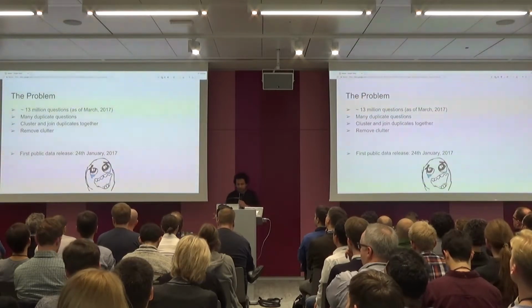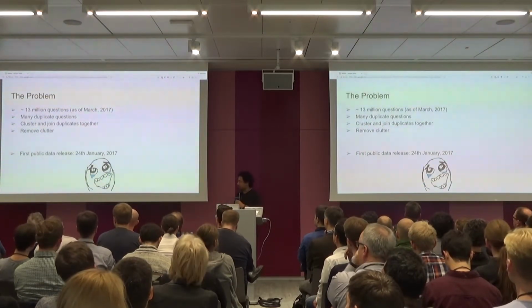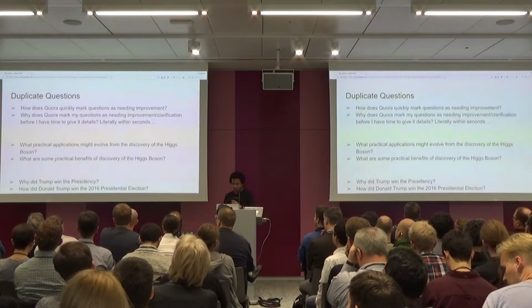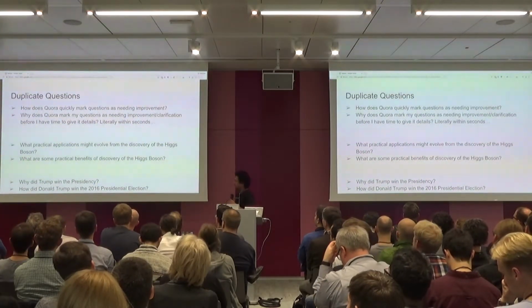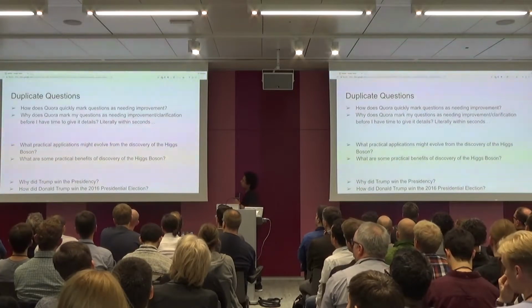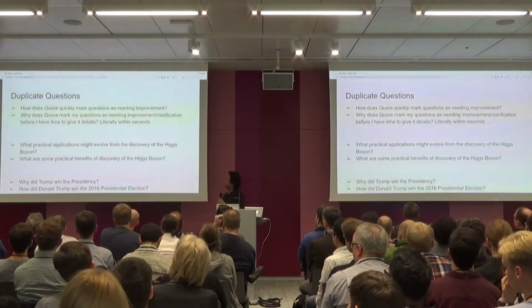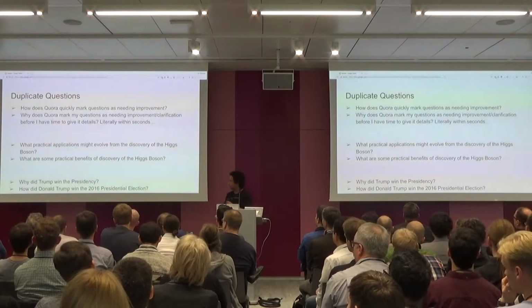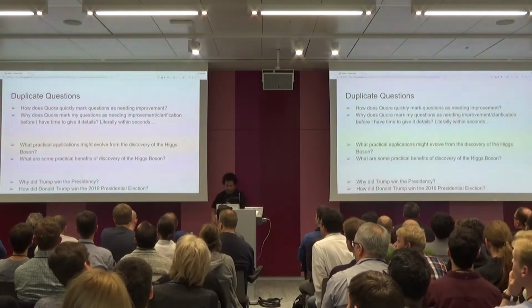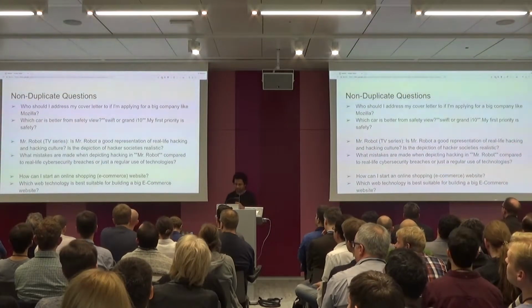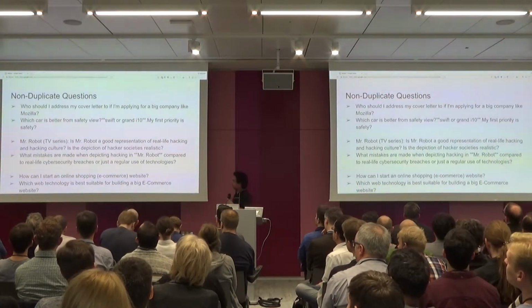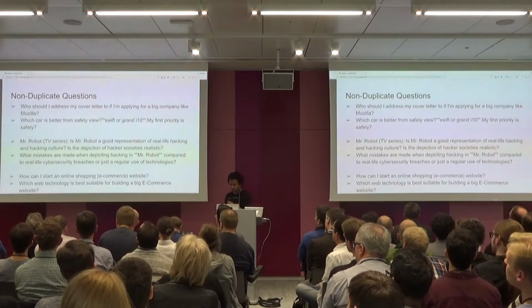The first public data release was in late January, and these are some samples of duplicate questions. They're asking how does Quora mark questions as needing improvement. You can see that there's some noise also. These are the actual questions on Quora.